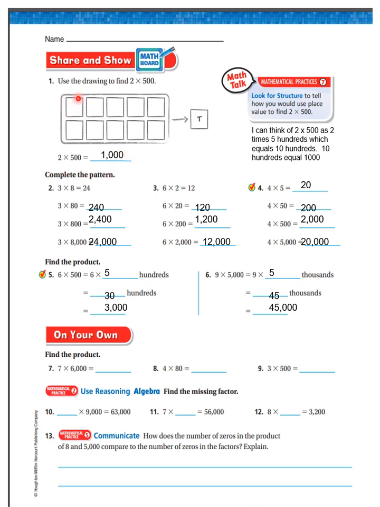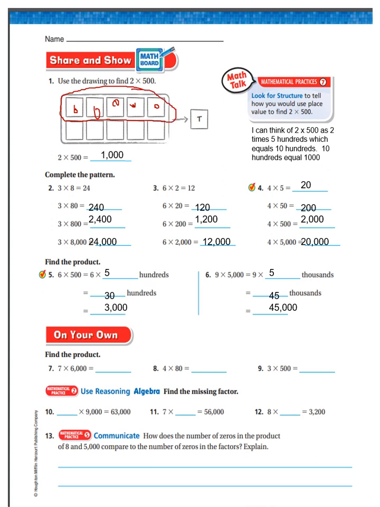Now, using this drawing, I can go like this. I need 2 groups of 500. So I'm thinking each one of these squares is 100. 100, 200, 300, 400, 500, 600, 700, 800, 900, 1,000. All right. So I can say 100, 200, 300, 400, 500, and there's one group of 500.